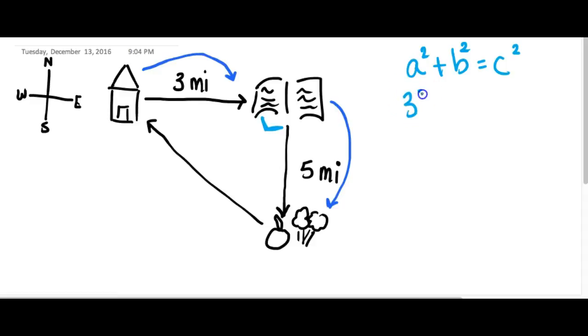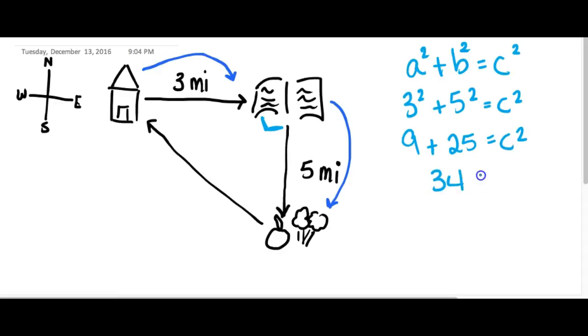So it's going to be 3 squared plus 5 squared equals c squared. 3 squared is 9. 5 squared is 25 equals c squared. 9 plus 25 is 34, which equals c squared. But this will not work. I can't just leave it like this because it's not really 34 miles. So I need to take the square root.